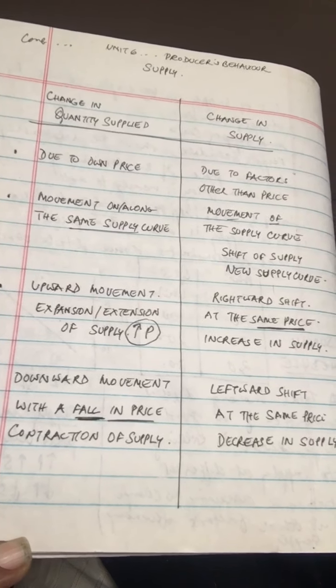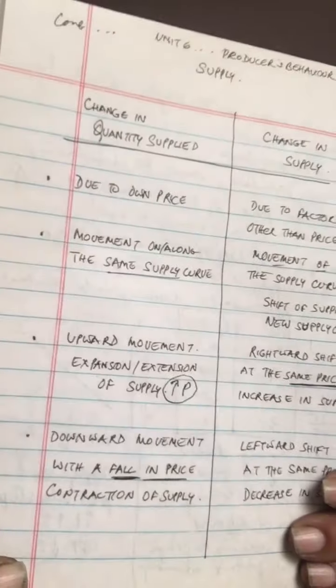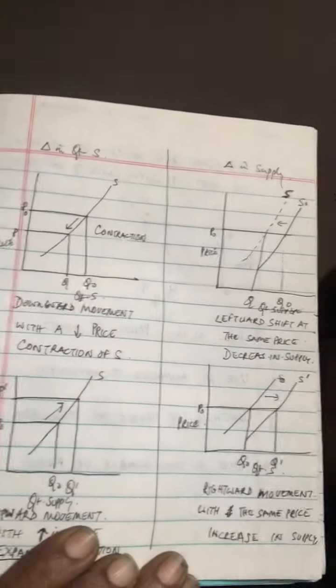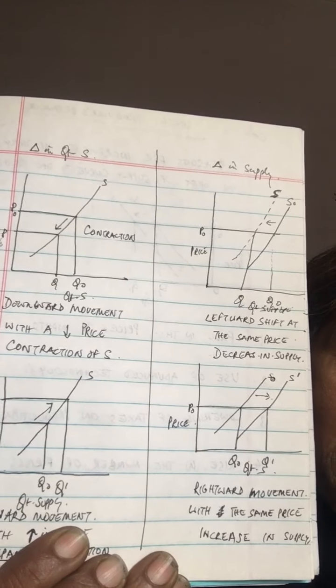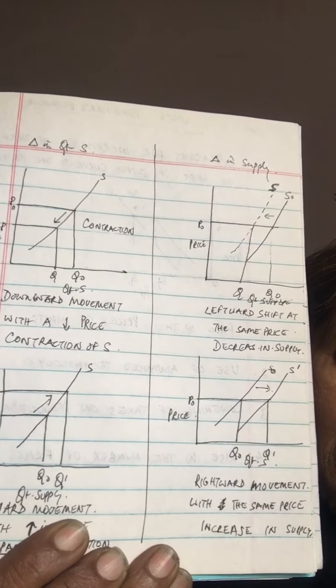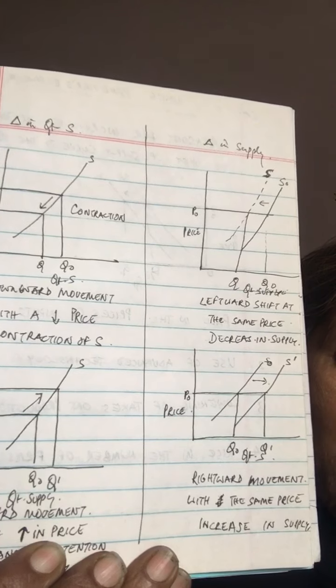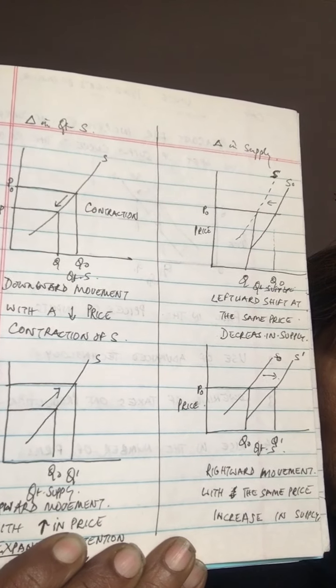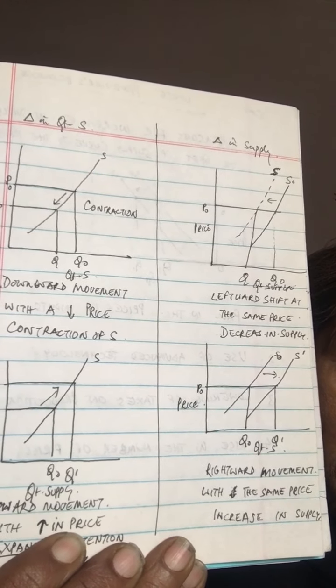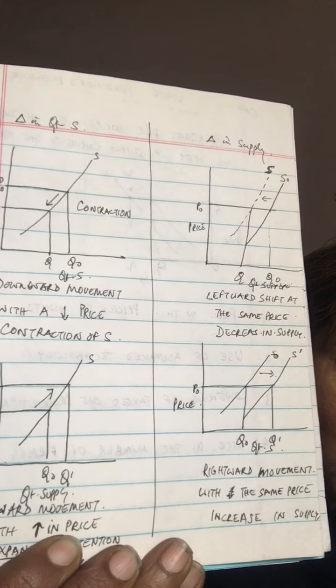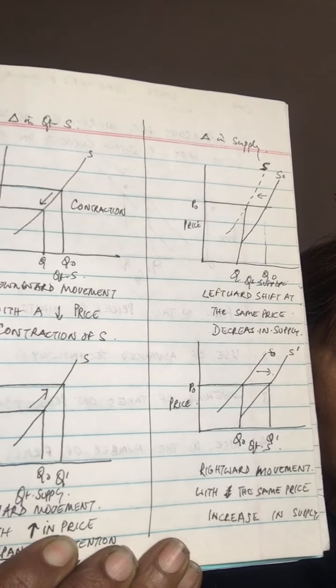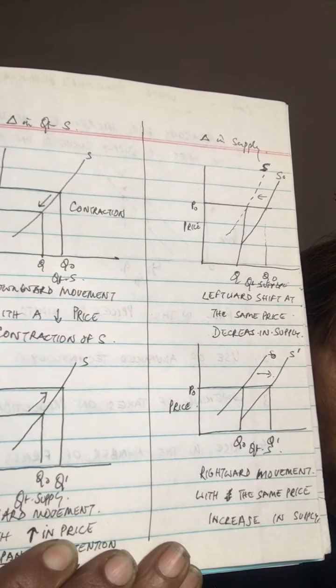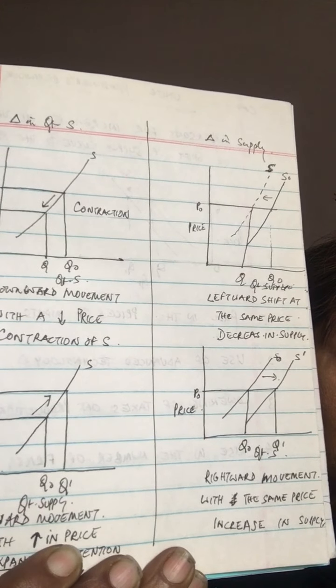This I'm going to explain with the help of the diagram. You can see the diagram. In the first diagram, I've talked about contraction and decrease, as you see. And in the other diagram, I've talked about expansion and increase. We see the original price is say P0.